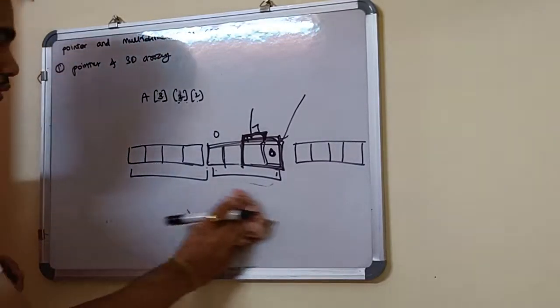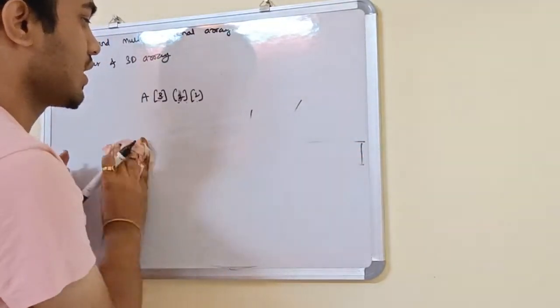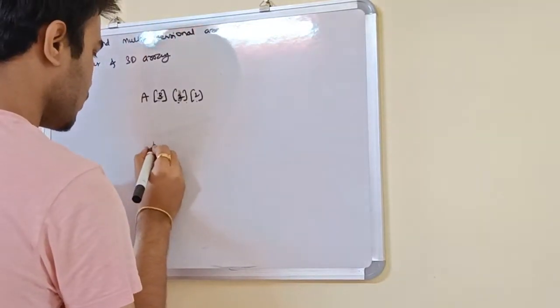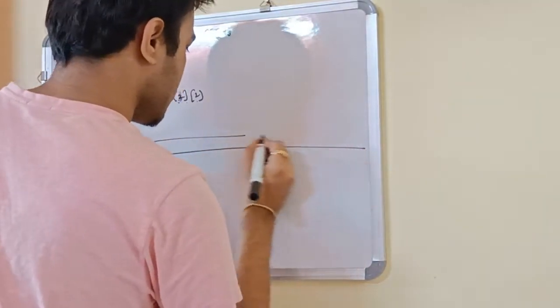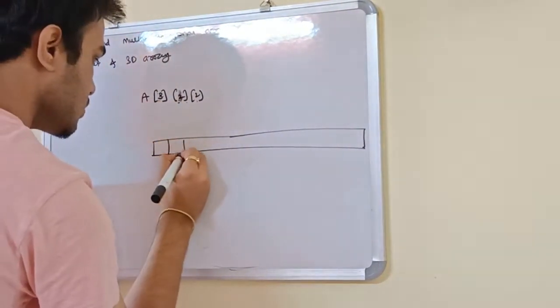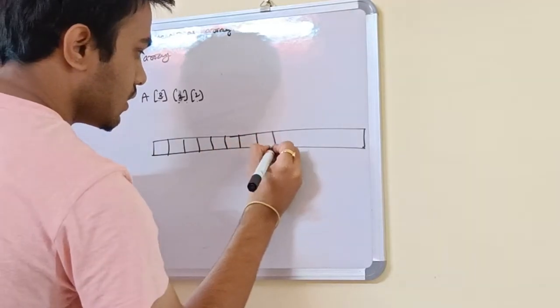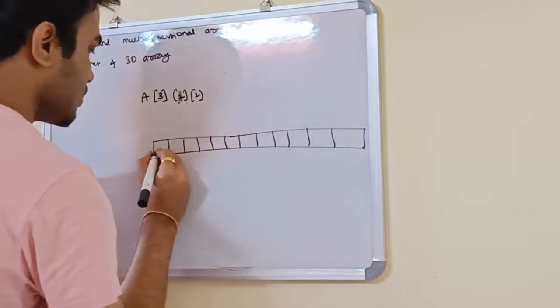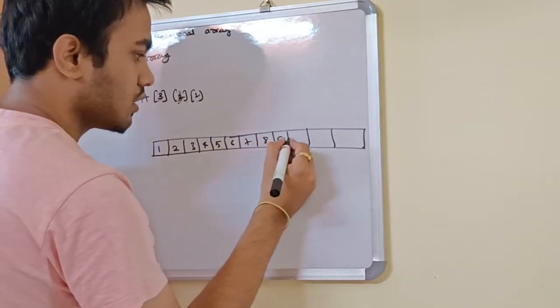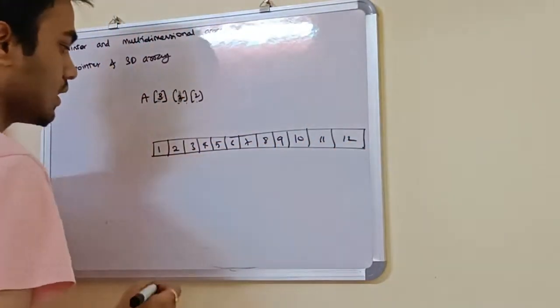Now we will see another example. Let's make it clear. Suppose these are contiguous elements. There are a total of 3 into 2 into 2, that is 12 elements. So the numbers are 1, 2, 3, 4, 5, 6, 7, 8, 9, 10, 11, 12, like this.